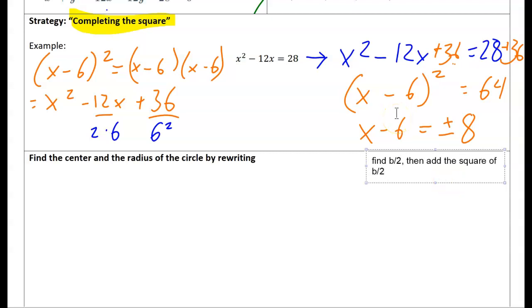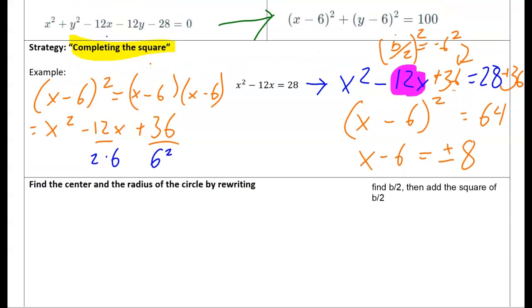So here is my b term, negative 12x, and b over 2 is negative 6, and then b over 2 squared is negative 6 squared, and that's my 36 that I'm adding in. Okay, so that's how I find that number.